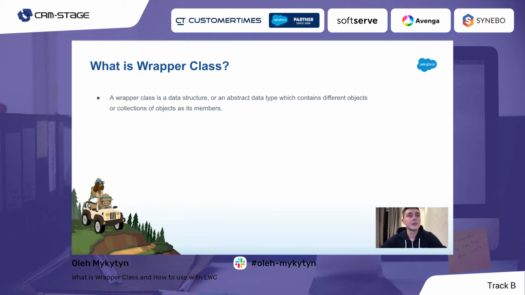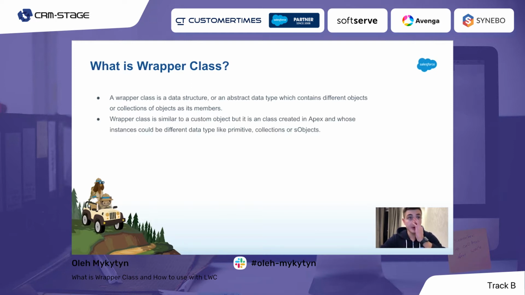First of all, a wrapper class is a data structure or an abstract data type which contains different objects or collections of objects as its members. So you can use them to group some data. Also, a wrapper class is similar to a custom object, but it's an Apex class created by a developer and whose instances could be different data types like primitives, collections, or objects.